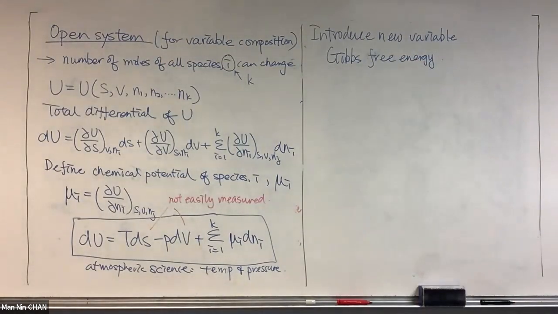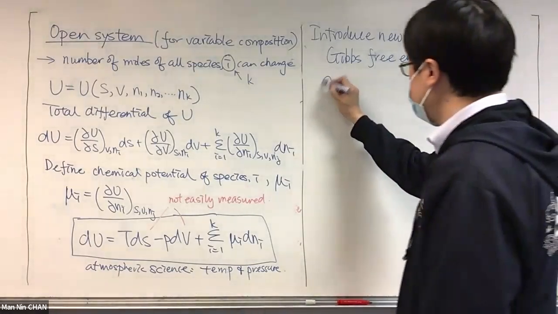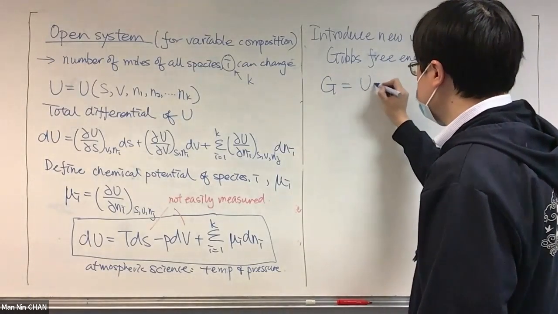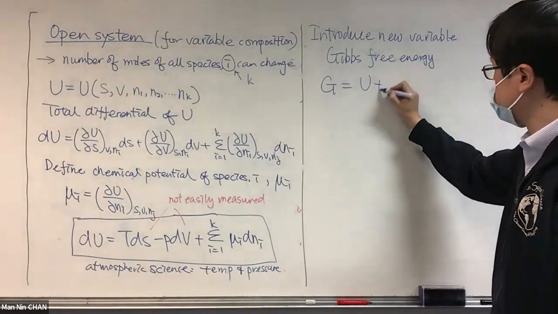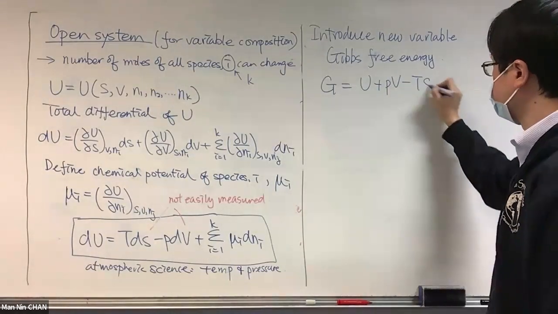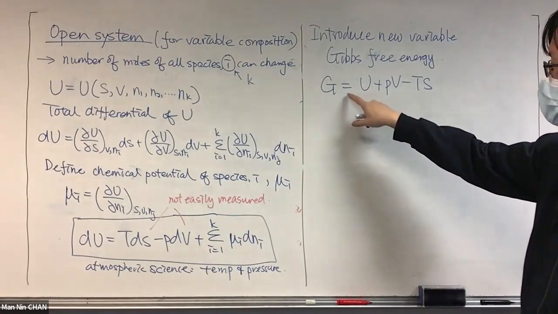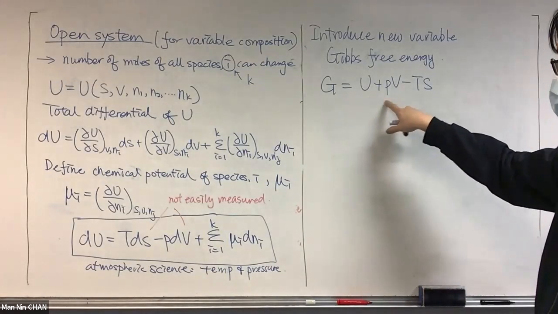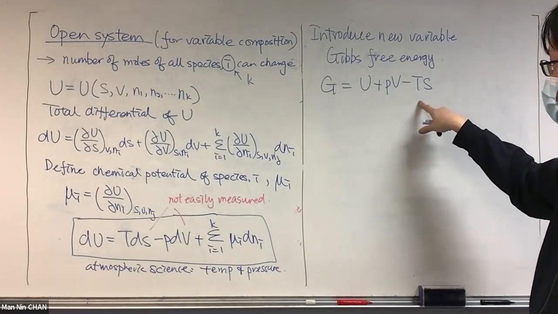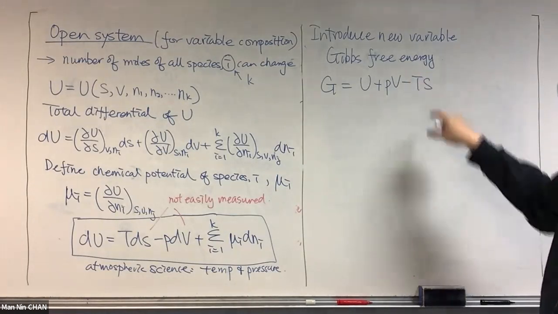Gibbs free energy, you can argue, is the available energy. So I define G equal to, if you remember, the internal energy plus the pressure times the volume minus the temperature times the entropy.